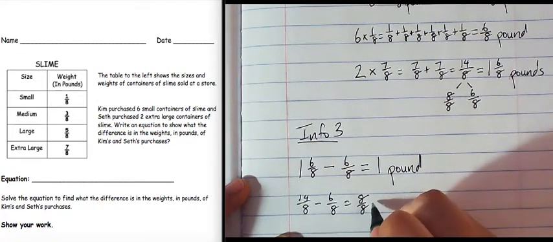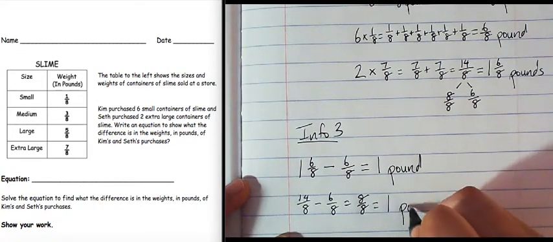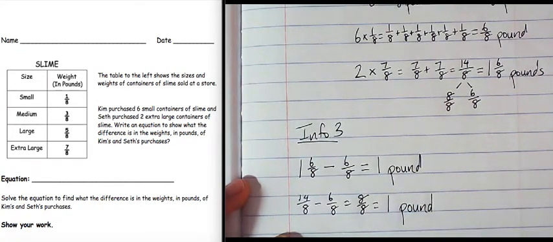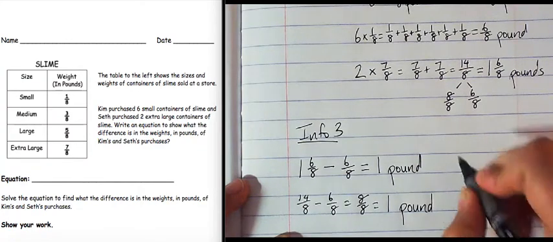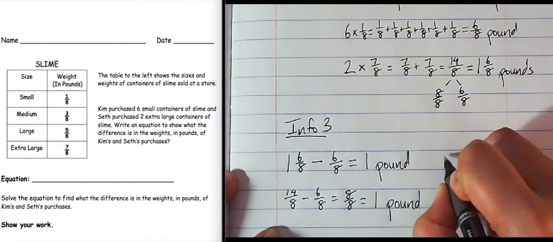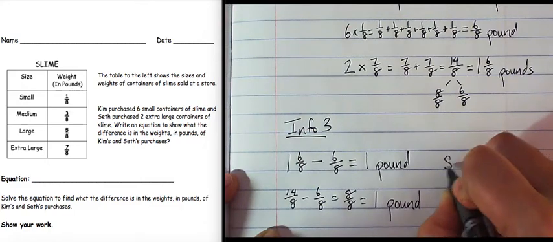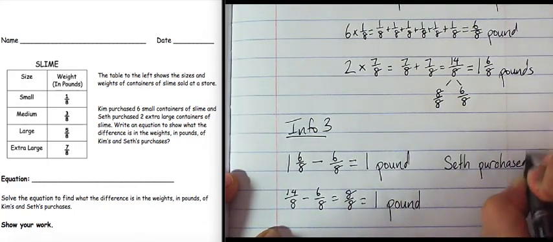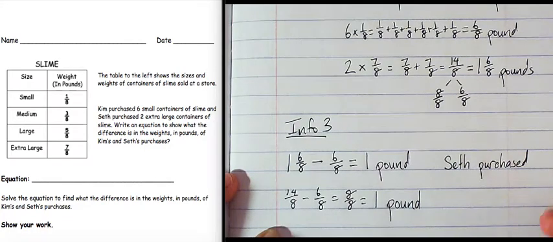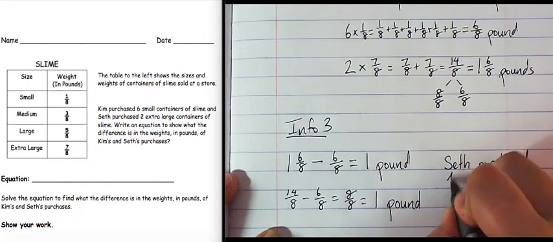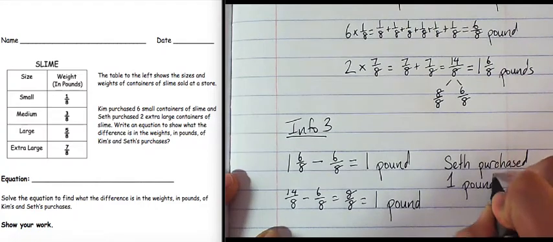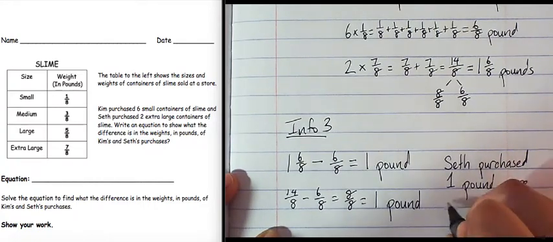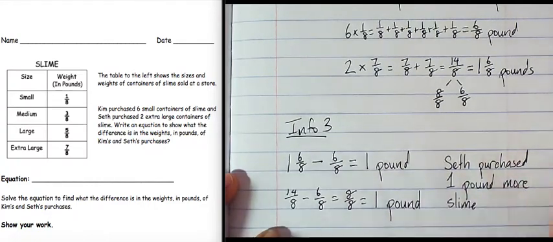And we know that 8/8 is equivalent to 1, so we've come to the same answer. Well, let's write this answer in a sentence. Seth purchased 1 pound more slime than Kim.